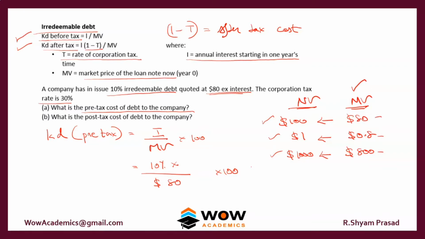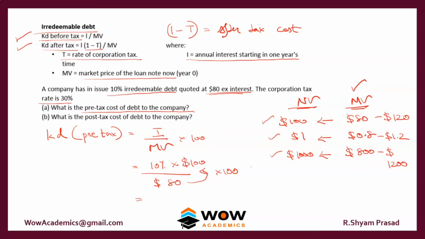The price can also be $120 or $1.2 or $1,200. If the price is in some kind of a range like this, usually the nominal value is like this. So in this problem, as the market value is 80, the nominal value should be 100.